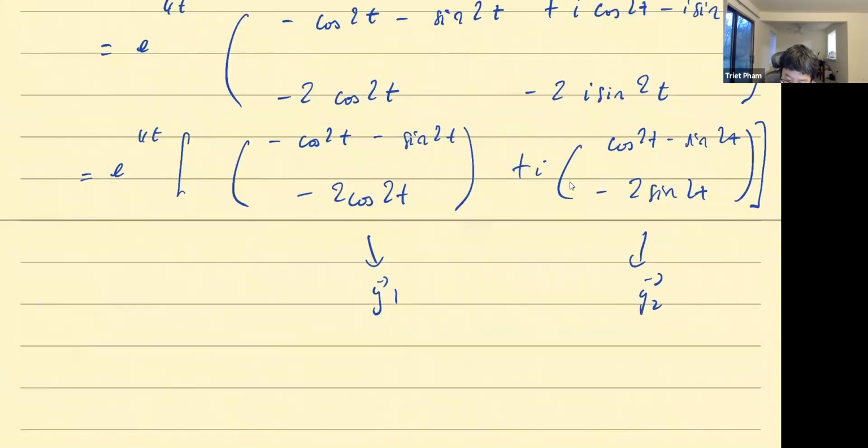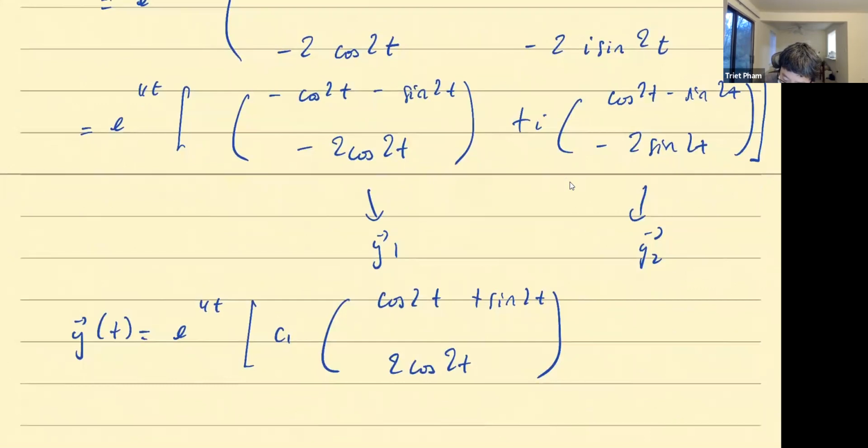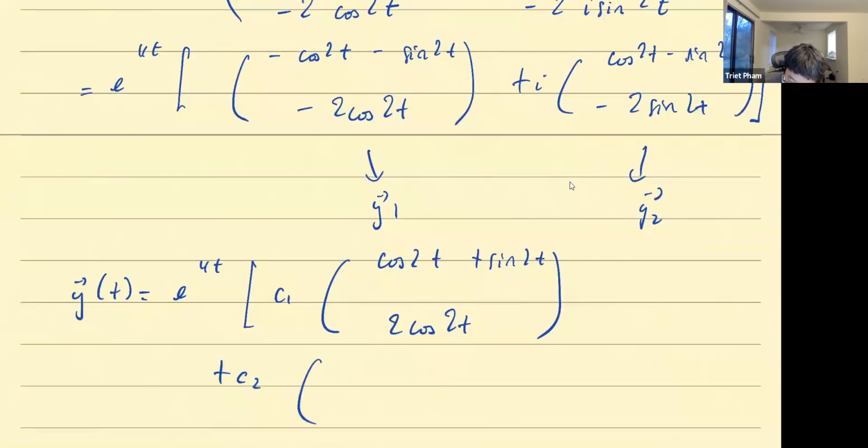I can make everything here into a plus because there's a constant multiple. So my solution will be e to the 4t, C1 cosine 2t plus sine 2t, 2 cosine 2t, plus C2, I'm out of space, cosine 2t minus sine 2t, minus 2 sine 2t. That's my solution.